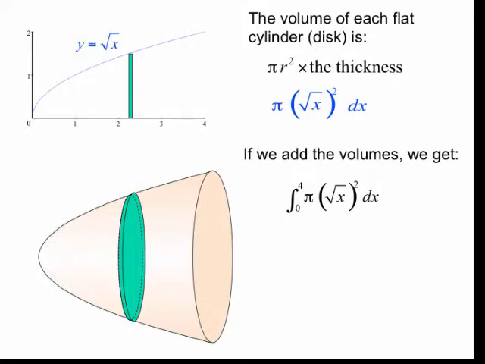If we then sum up all such cylinders from 0 to 4, we will get our volume. You can work this expression out algebraically, or you could do it with a calculator, and you would end up getting a volume of 8 pi.